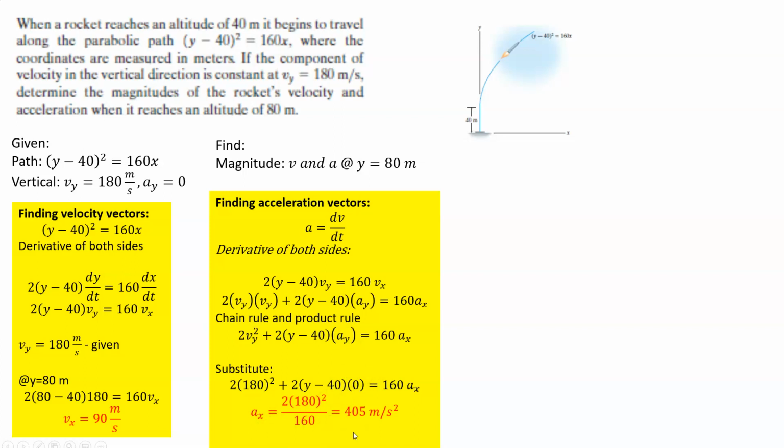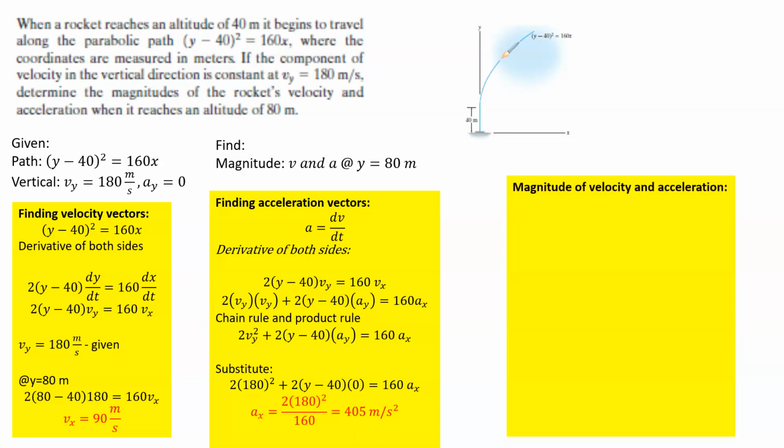All right, so now we can find the magnitude. Again, I told you that was the Pythagorean theorem. So now to find the magnitudes of the velocity and the acceleration. Since we're talking about the x and y components, we take the x and the y, squared, and take the square root of that.